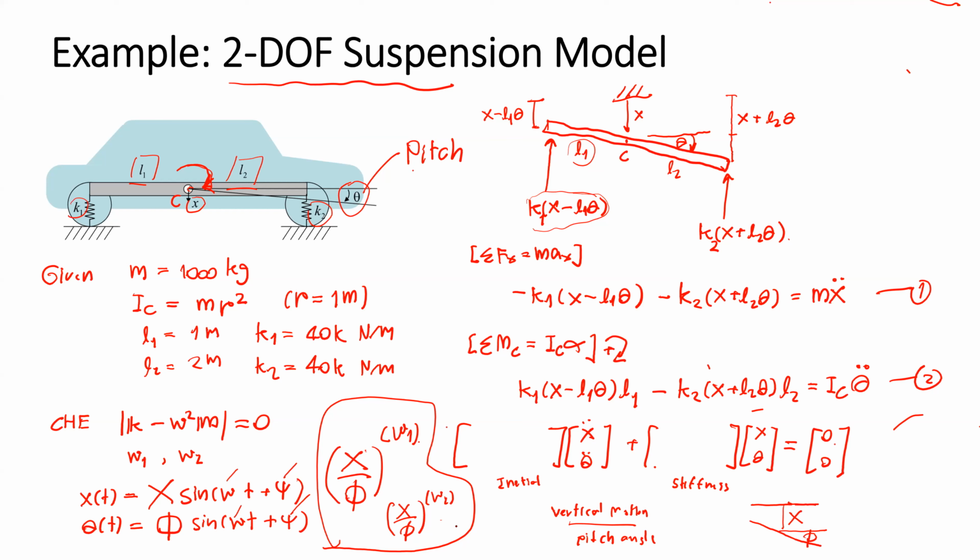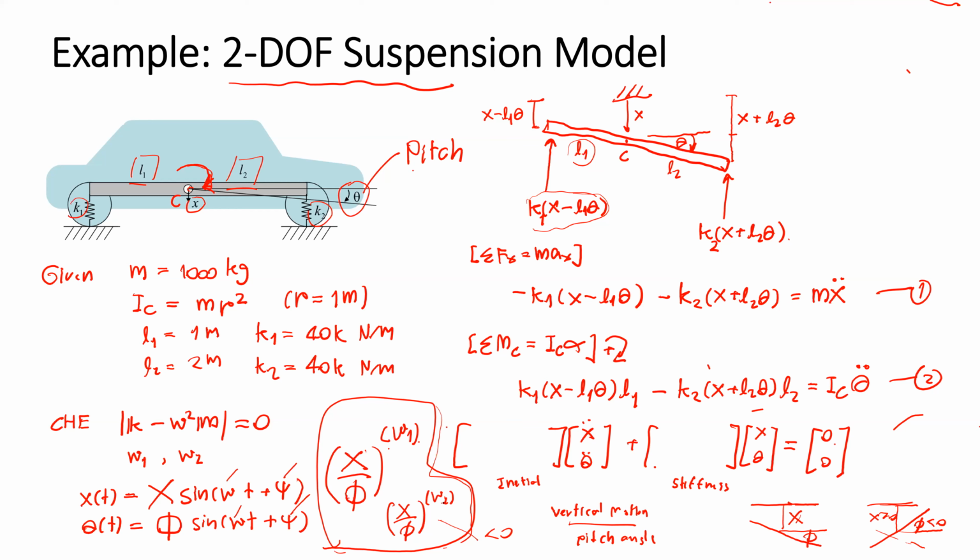But if this one is negative, for example, the meaning is if the car bumps with a positive x, the angle should be negative. So this is the physical meaning of the magnitude ratio. If the magnitude ratio is positive, x is positive and the pitch angle is positive.